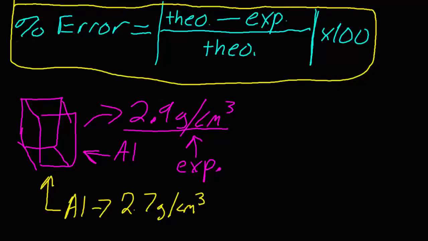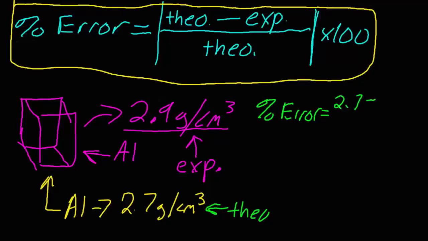So to do that, we're going to follow our percent error equation. So percent error is going to equal our theoretical. The theoretical, again, was the value that is accepted in sources and in society, which is the 2.7. That's your theoretical. Just label that so we don't forget. So we're going to go 2.7 theoretical value minus experimental.